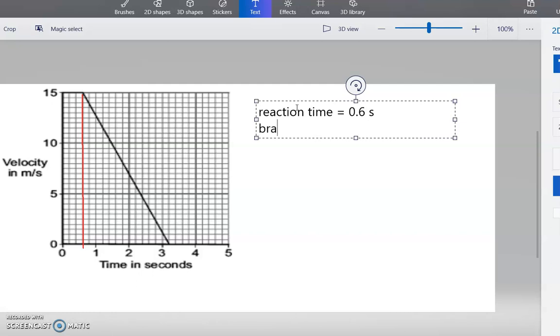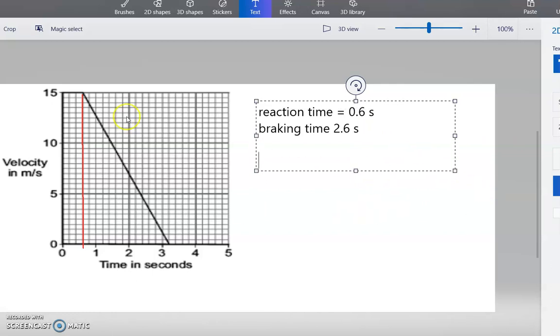We have the braking time, which is from this bit here to that bit. So it's 2.6 seconds. Now I'm going to calculate the deceleration from 0.6 to 3.2 seconds.